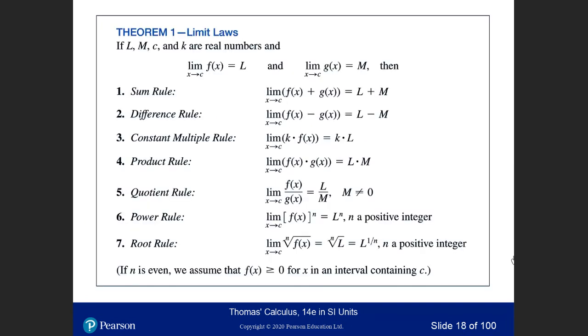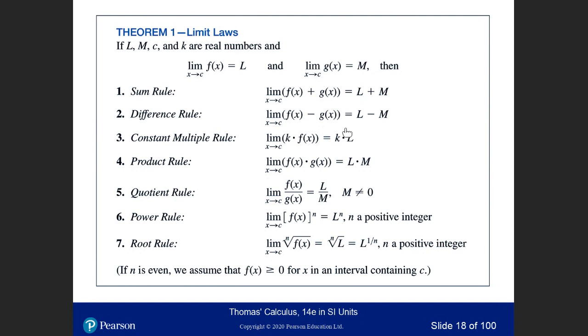Let's look at the limit laws. It's clear by the definition of the limit. Now, if you have two functions, f of x, which has a limit L as x approaches c, and another function, g of x, which as x approaches c has limit M. So the sum rule is, if you have f of x plus g of x, the limit of the sum is the sum of the limits.